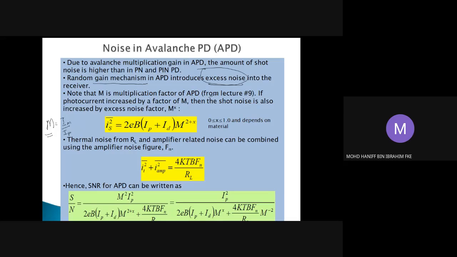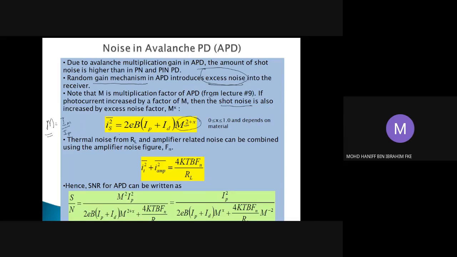For this particular case, we can write that the current noise due to the shot noise shall now be given by these terms, which have the effect of M to the power of 2 plus x. Because when we have a multiplication of M with regard to your photocurrent, the short noise current will also be multiplied by M, so that is why we have M squared there.